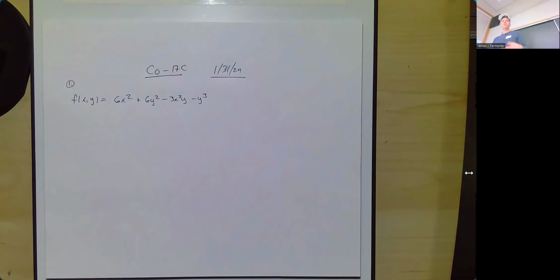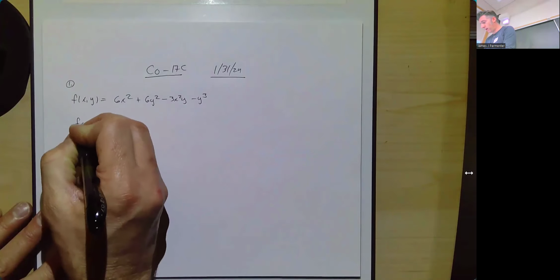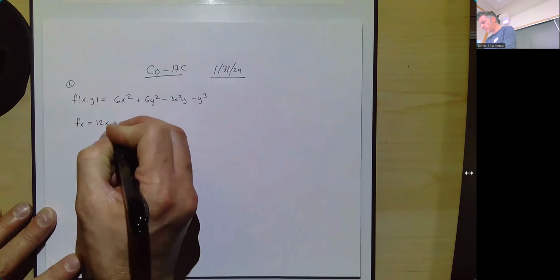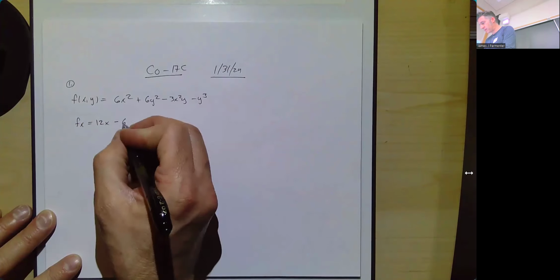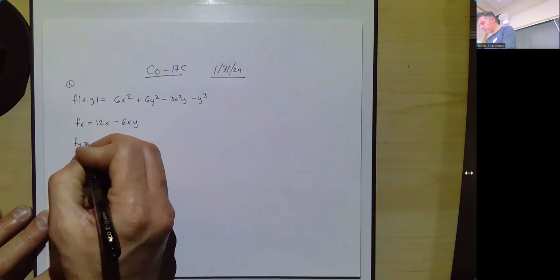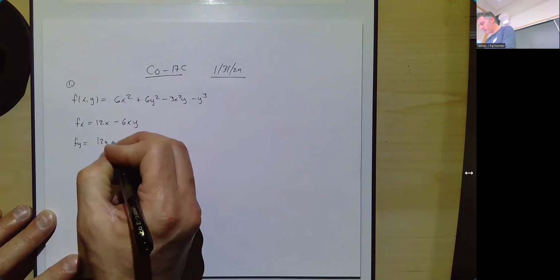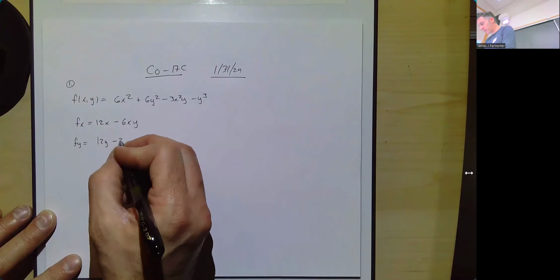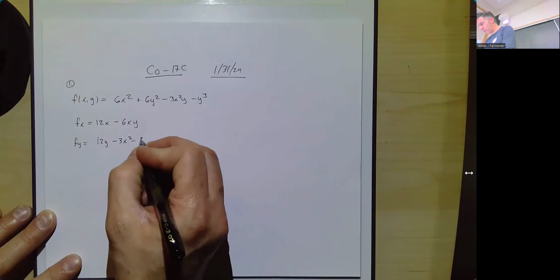So all the time, the first thing we do is find the partial derivatives and set them equal to 0. You could also say you're setting the gradient equal to the 0 vector. It's the same thing. So f_x is going to be 12x minus 6xy. f_y is going to be 12y minus 3x squared minus 3y squared.